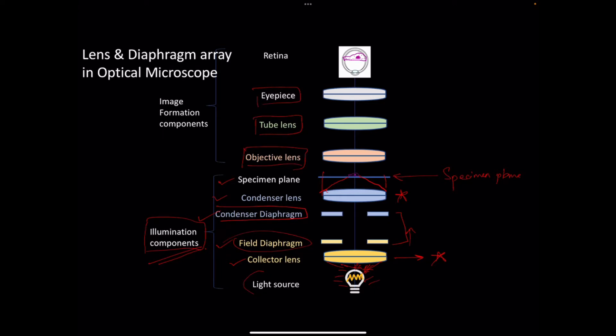On the other hand, the components just above the specimen plane, which collect the information from the specimen, include the objective lens, a tube lens, an eyepiece, and further on the camera. They form the image forming components of your microscope. So a typical modern day microscope has two different types of components: image forming components and illumination components.